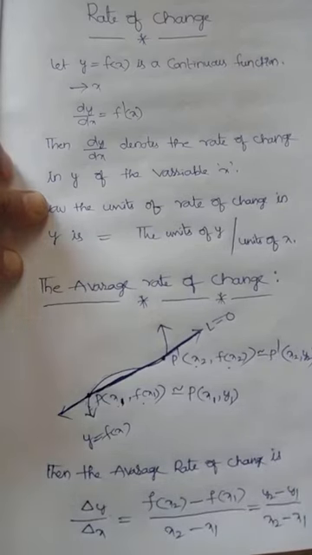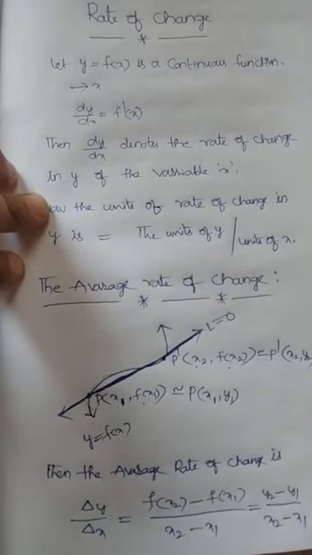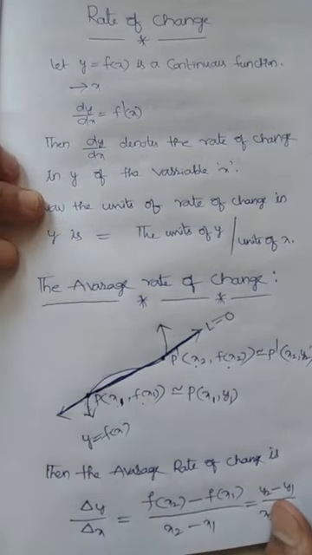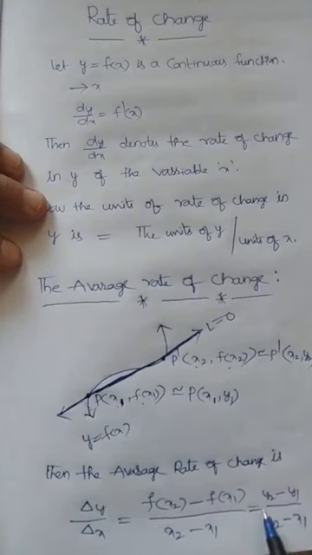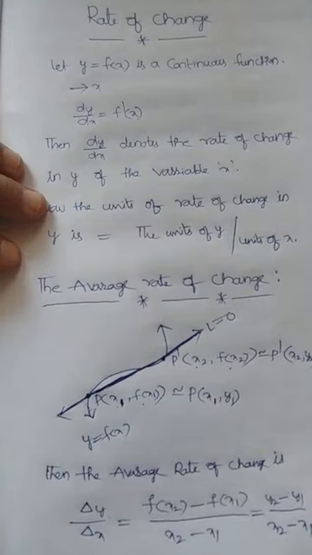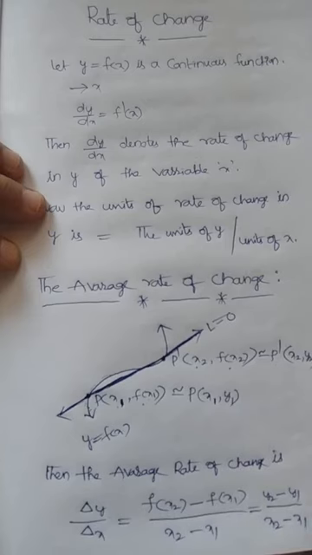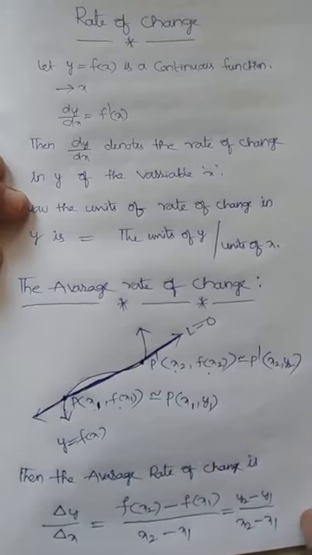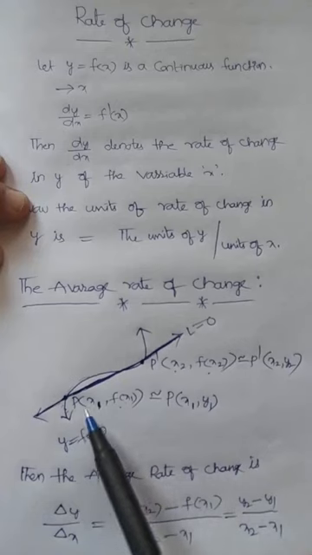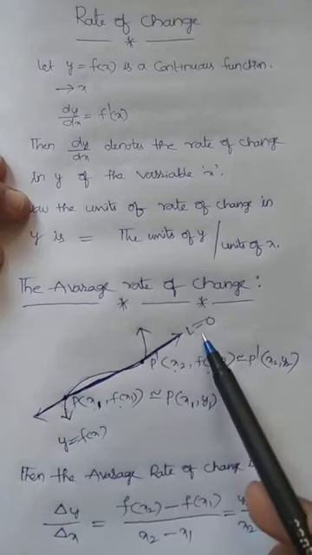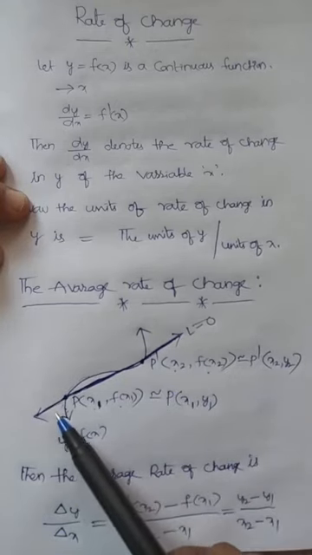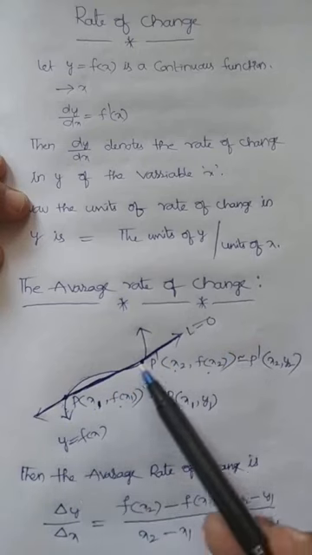Now observe this formula according to these 2 points P and P dash. y2 minus y1 by x2 minus x1 is none other than the slope of the line joining PP dash bar. Here we mention the line equation L equals 0 as a bold dotted line.